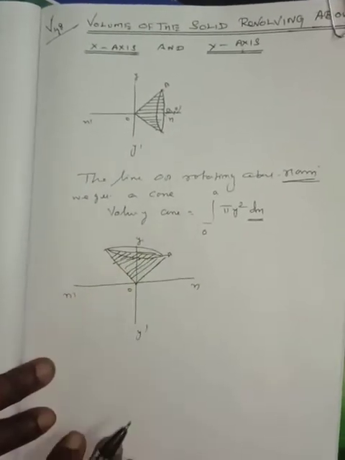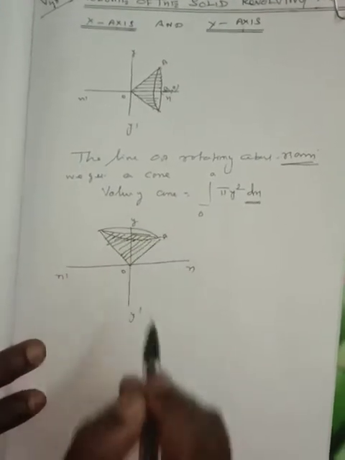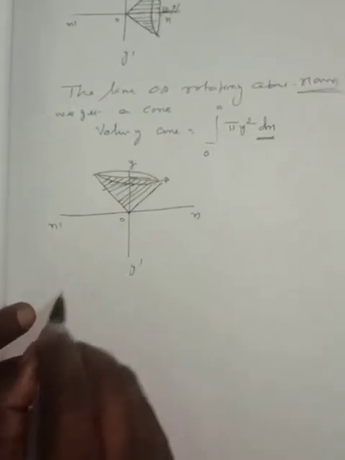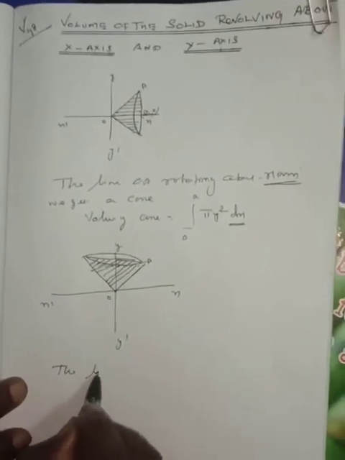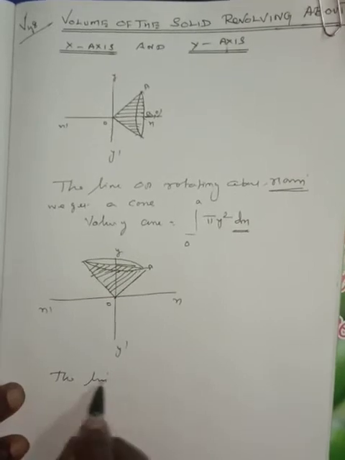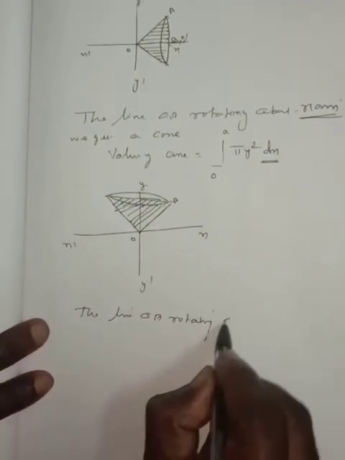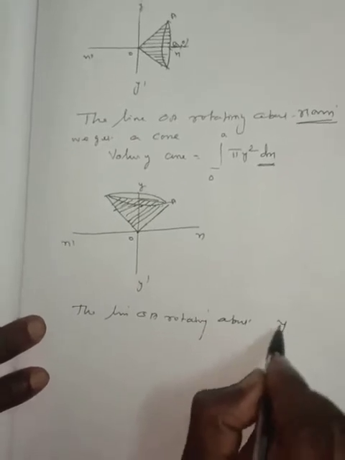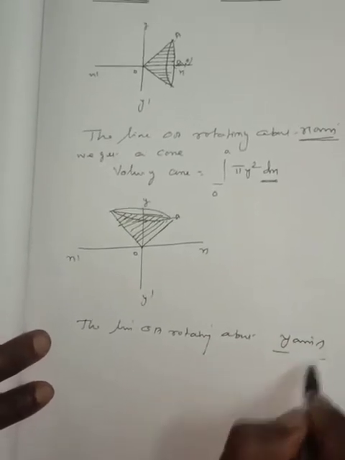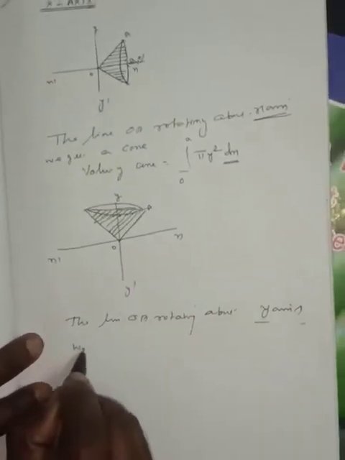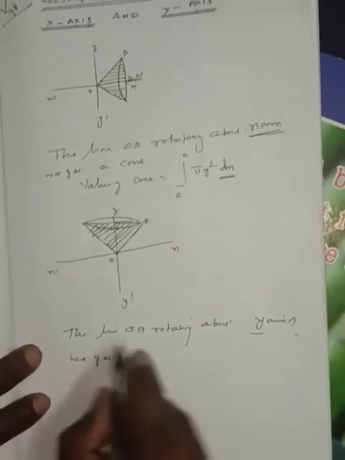Therefore, the line OA rotating about y-axis, we get another cone.